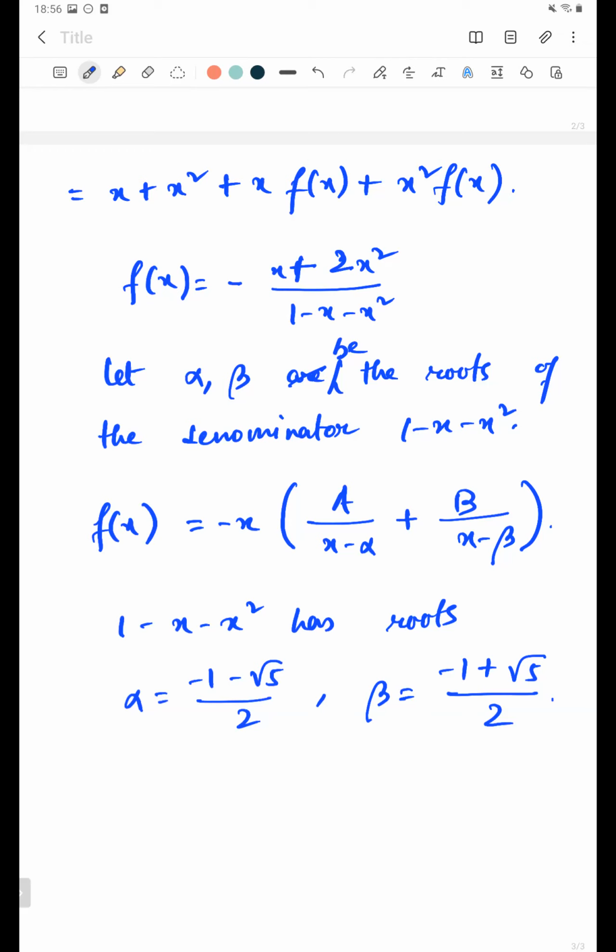And again, solving all these things, we have a equal to 1 and b equal to 1.